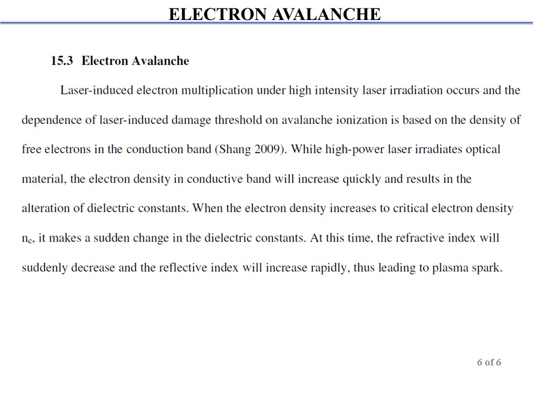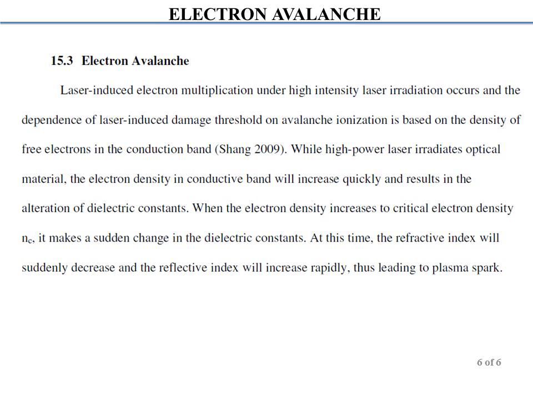Next we will discuss electron avalanche, a very important phenomenon concerning thin films. Essentially what happens is a laser-induced electron multiplication under high-intensity laser irradiation, based on the density of free electrons in the conduction band, after Shang, 2009. While the high-power laser irradiates the optical material, the electron density in the conduction band increases quickly, which results in an alteration of the dielectric constants.